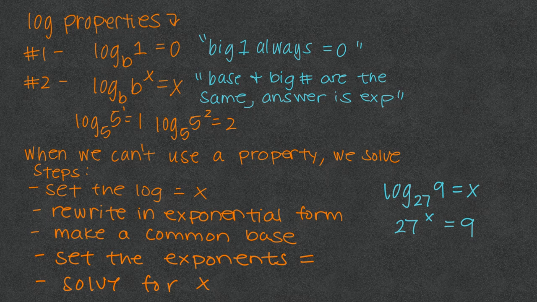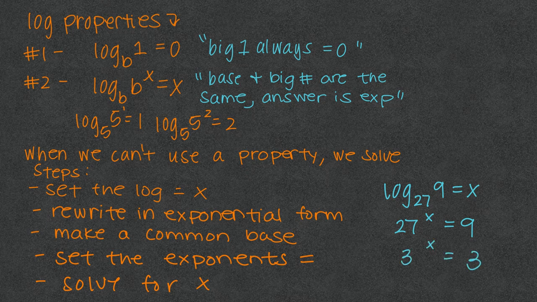This is what happens when we can't use a property. We set the log equal to x. We change to exponential form, which we should be very confident in doing. Then the base that I pick is a base that both numbers can go down to. So both numbers can go down to 3.